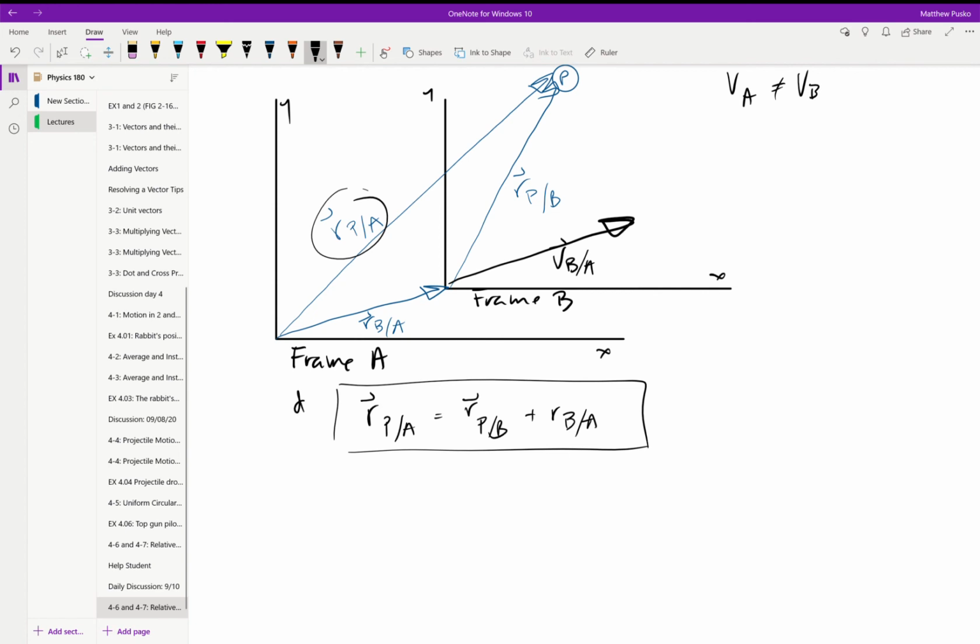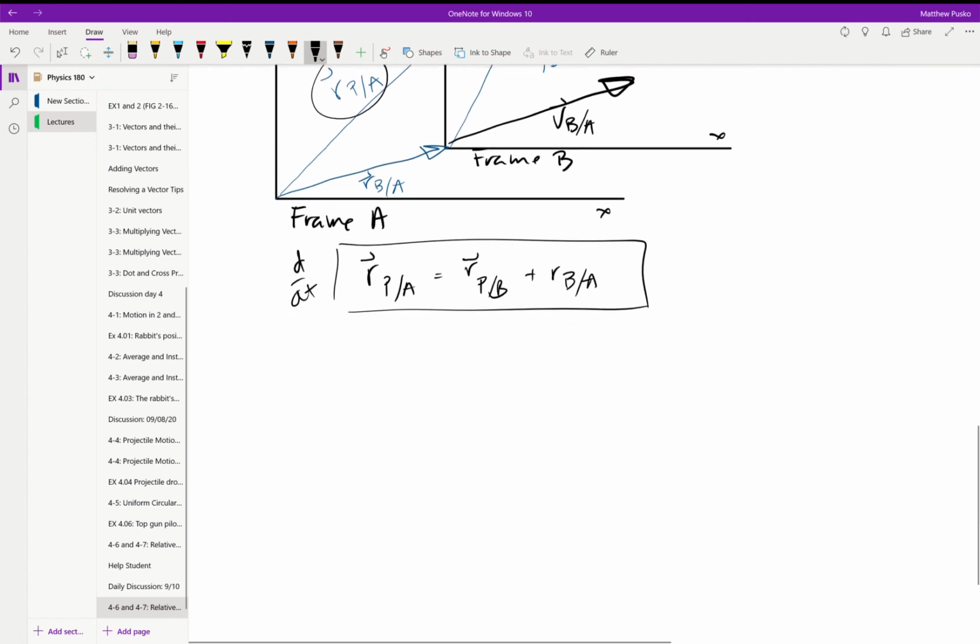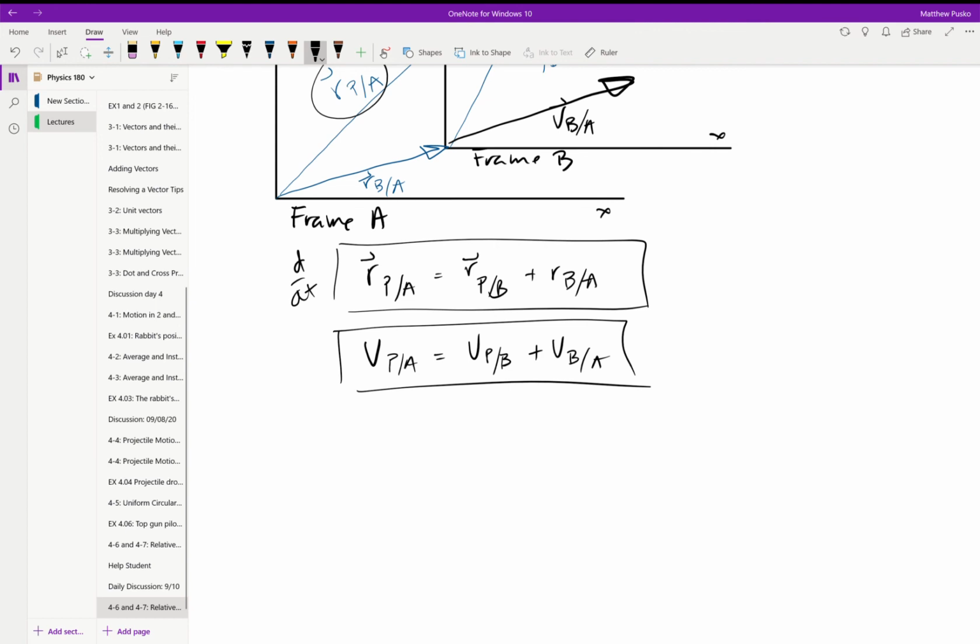We also need to take the time derivative of this and get the vector form that we just saw. The velocity of P with respect to A is equal to the velocity of P with respect to B plus the velocity of B with respect to A. And once again, as in one dimension, because the velocity of B with respect to A is constant, when we take the derivative, that's going to go away, and we just get these two terms right here.